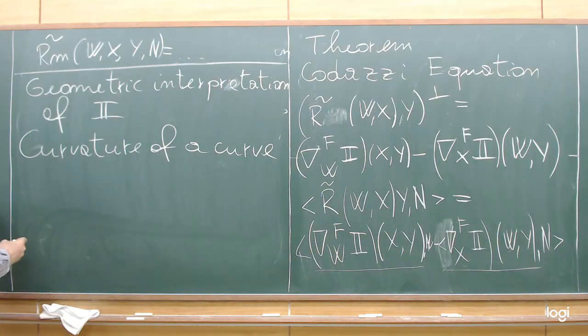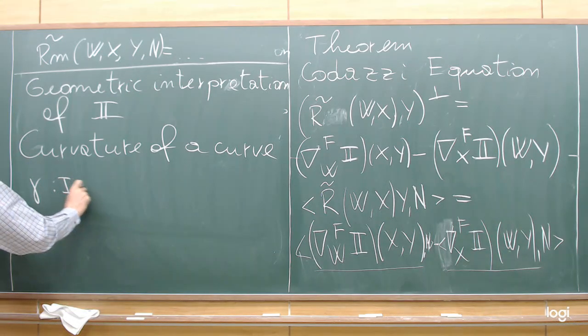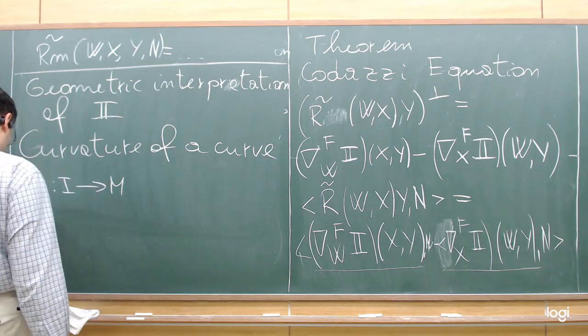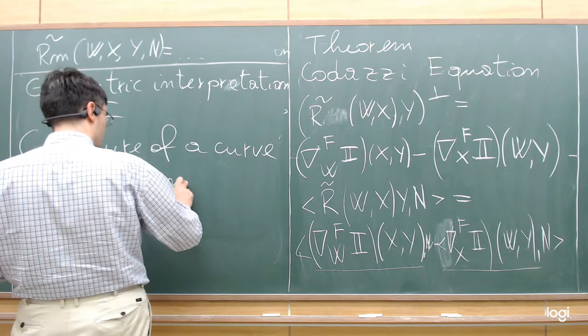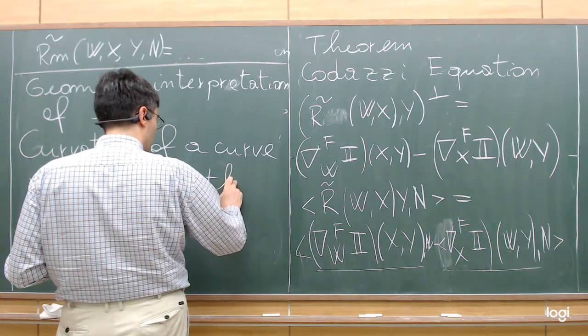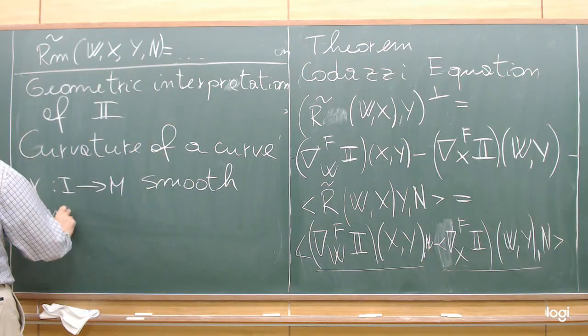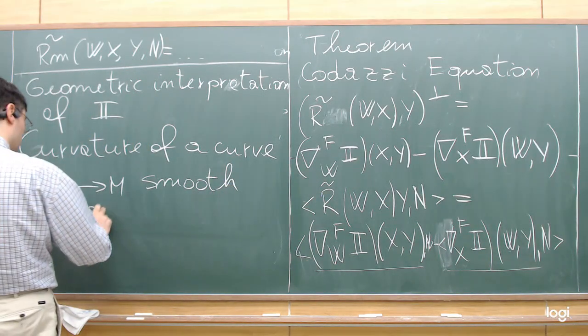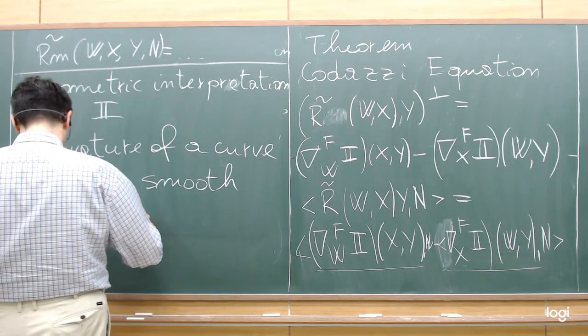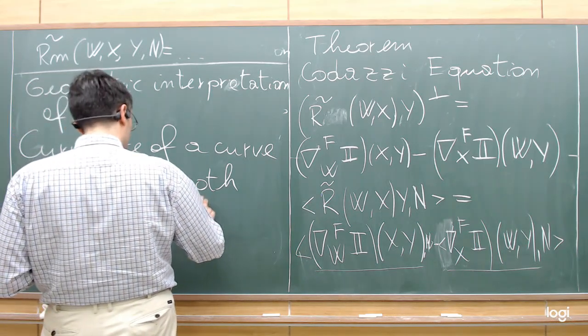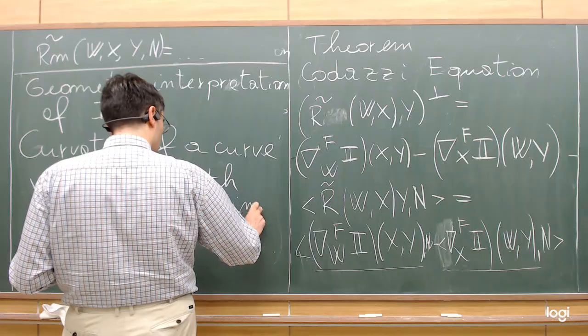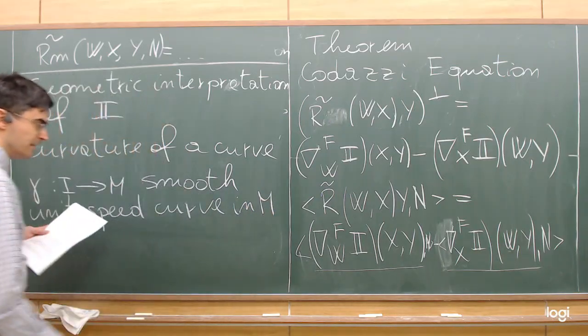So suppose that gamma is a smooth unit speed curve in the submanifold M.